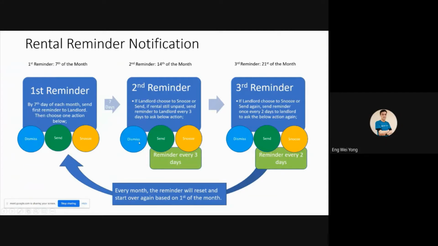If you choose dismiss, at this stage there will be no reminder. If we go back to the first reminder and choose dismiss, then there will be no reminder for the rest of the month for that particular property. If you choose snooze, 7 days later it will come to the second reminder, right?